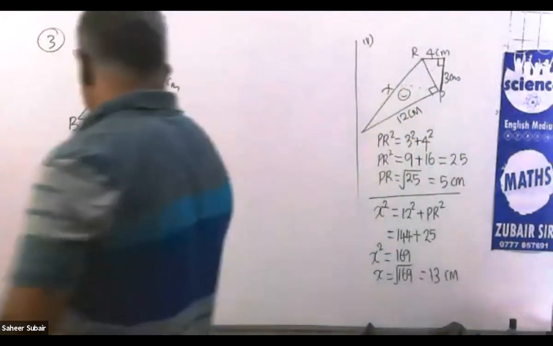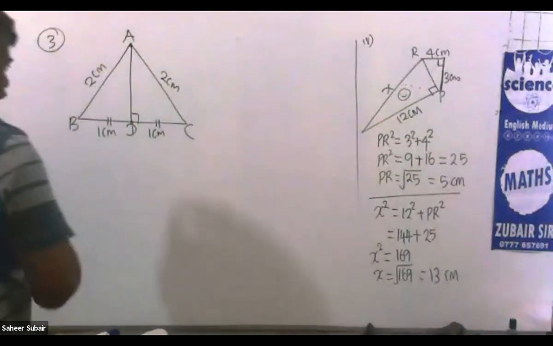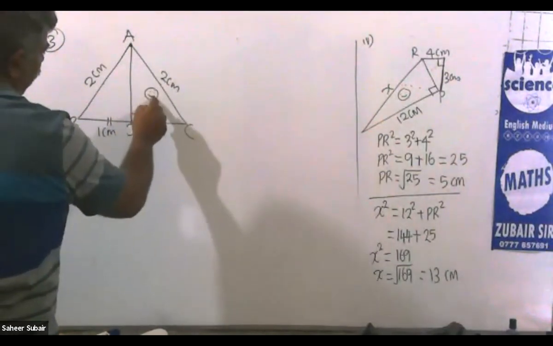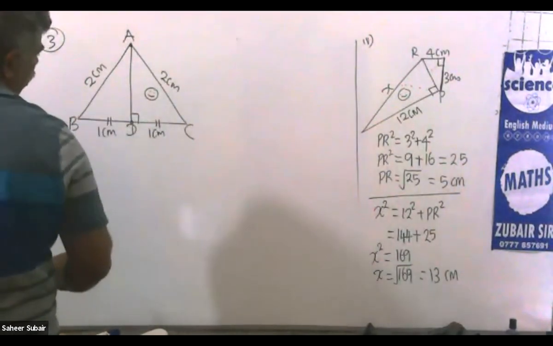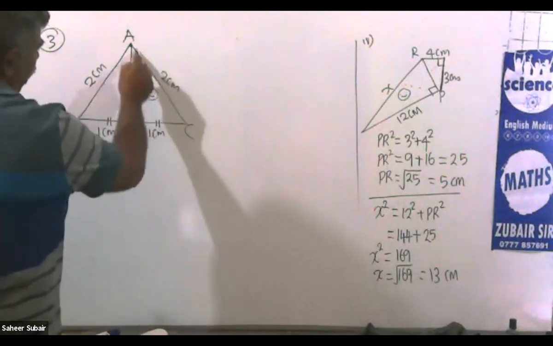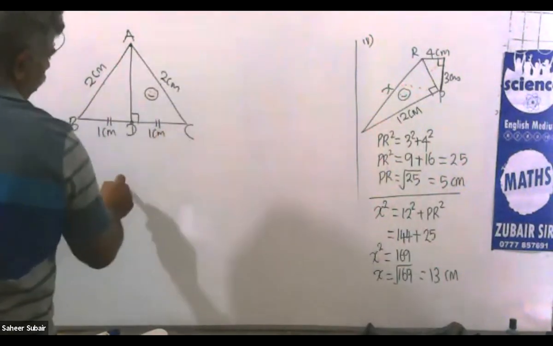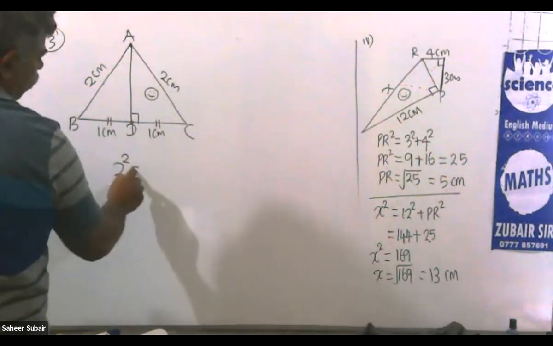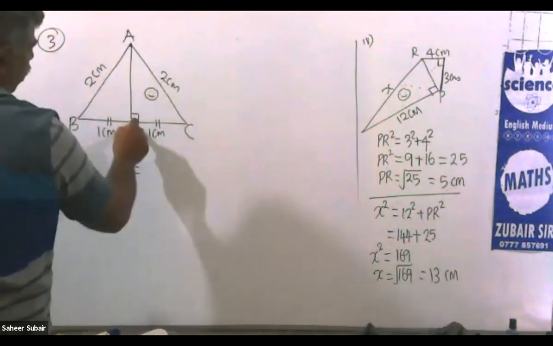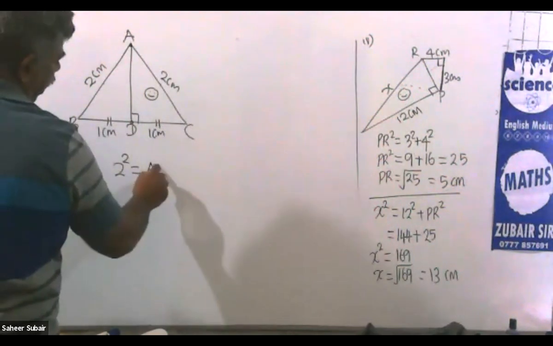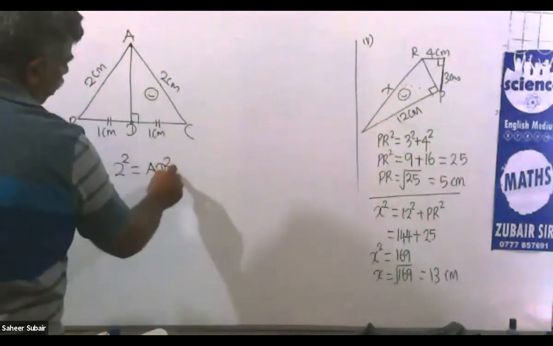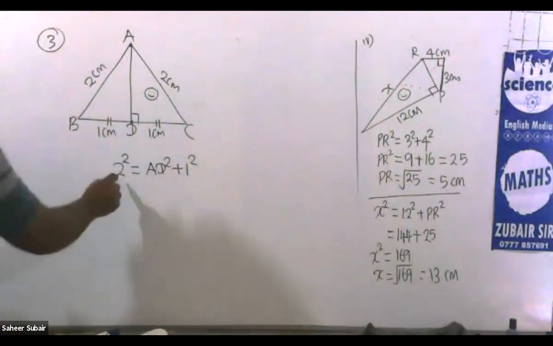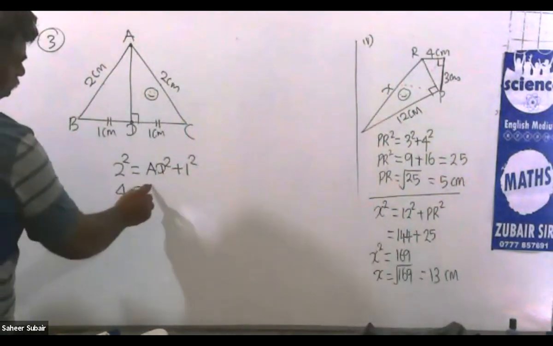Then they are asking for AD. So you can use this right angle triangle or this one. When you use this right angle triangle, this is the hypotenuse. Then the hypotenuse is 2. Then 2 squared is equal to the sum of the other two squares. One is AD, the other one is 1. AD squared plus 1 squared. Then 2 squared is 4.